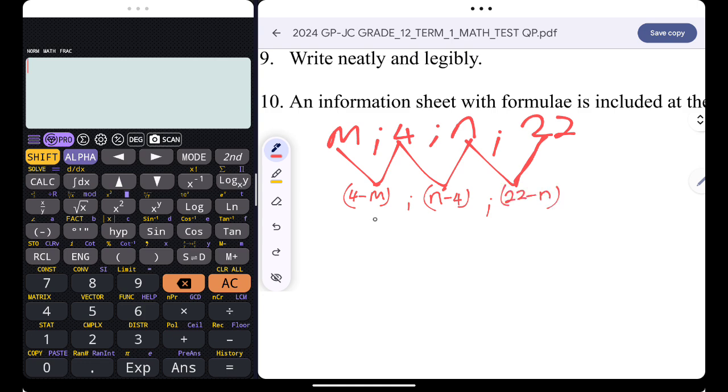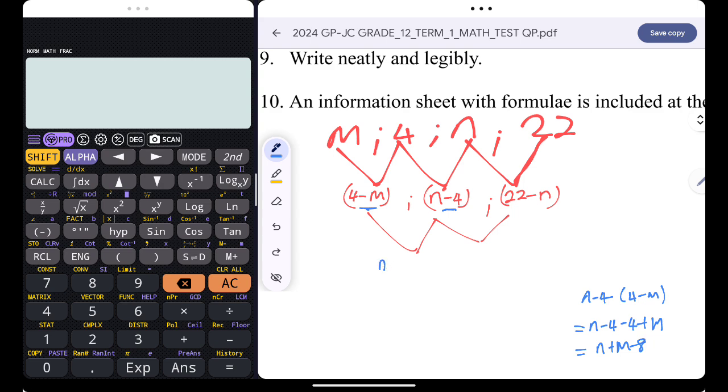For the second difference, you simply take this term and minus this one: n minus 4 minus (4 minus m). This will be equal to n minus 4 plus m, and now I'll have n plus m minus 8.